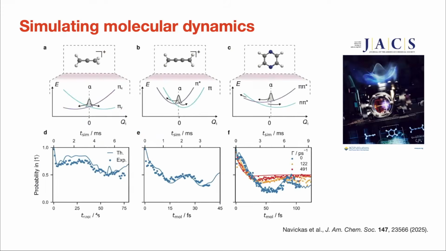And so here are the results. For allene, butatriene, and pyrazine, the surfaces are different depending on where the conical intersection is, whether it's symmetric or not. And again, you can see the plots on the bottom show the probability of remaining in the top diabatic state as a function of time. And you can see the dynamics is quite different, but it's reproduced well by the simulator.